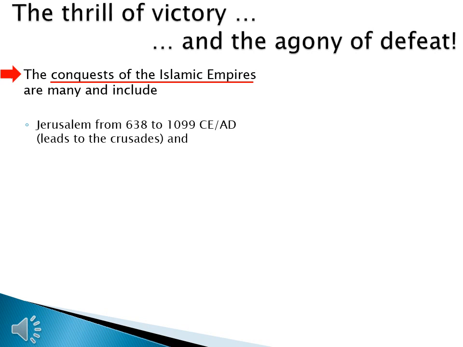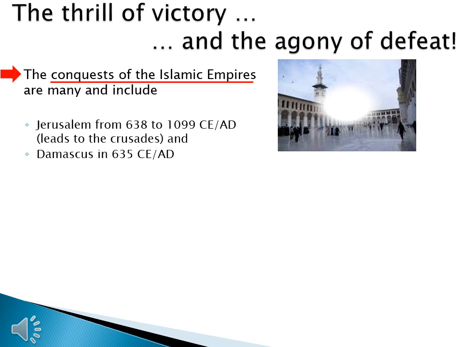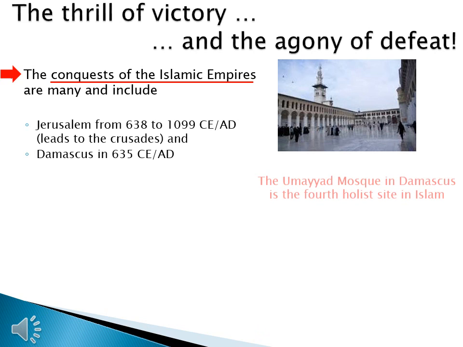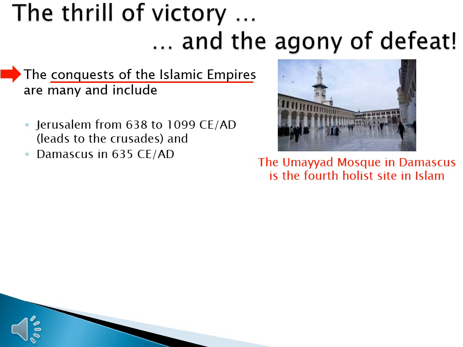This will lead to something called the Crusades. We'll learn more about this when we study the Middle Ages. The Islamic empires also take Damascus in 635 CE. We can actually see this by going to the Umayyad Mosque in Damascus. This is the fourth holiest site in Islam, and it is a massive mosque.